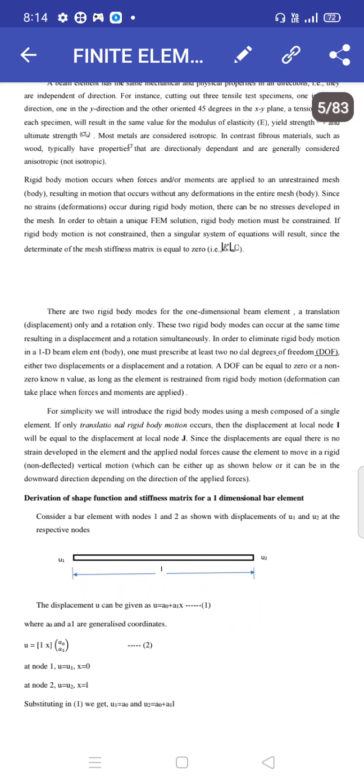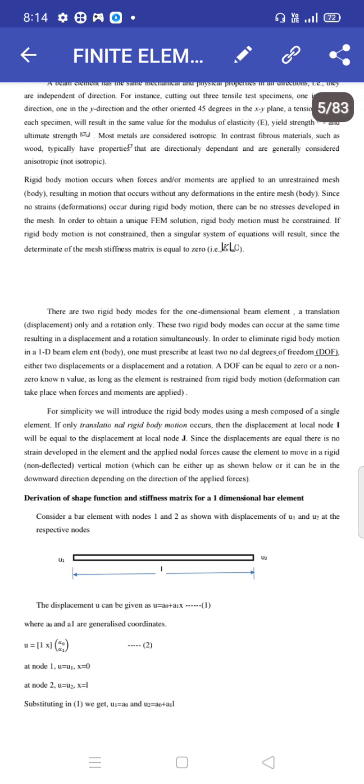There are two rigid body modes for one-dimensional beam elements: a translation, that is displacement, and a rotation. These two rigid body modes can occur at the same time, resulting in a displacement and a rotation simultaneously. In order to eliminate rigid body motion in a one-dimensional beam element, one must prescribe at least two nodal degrees of freedom, either two displacements or a displacement and a rotation.